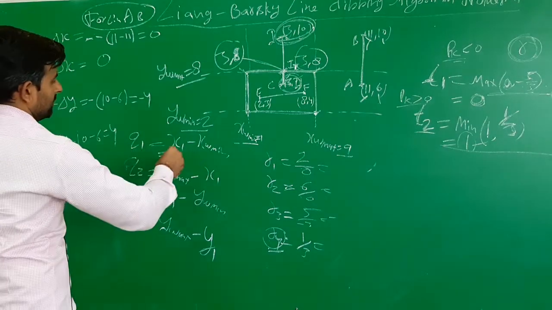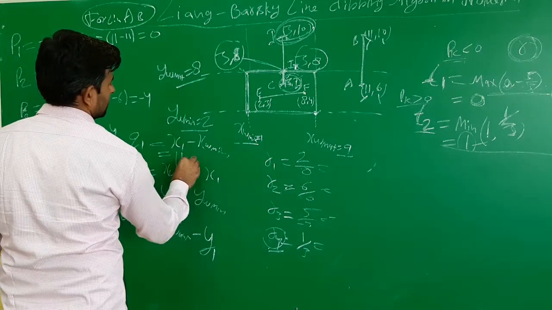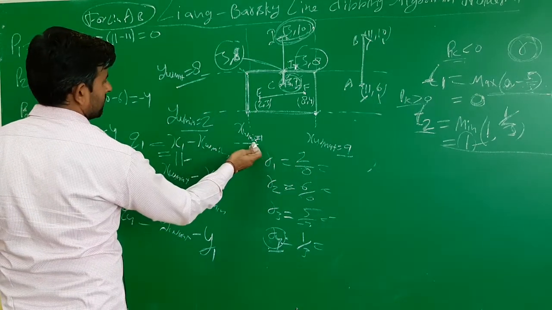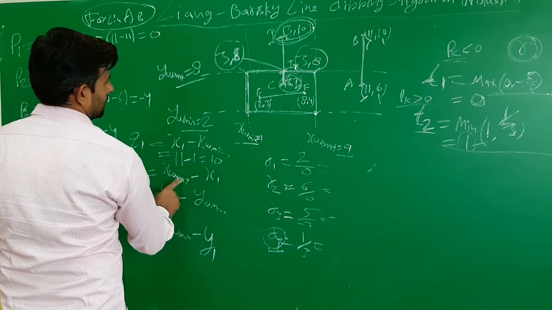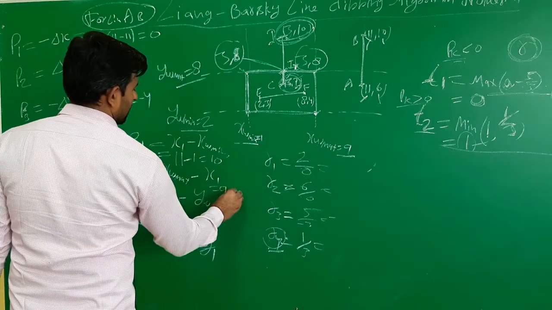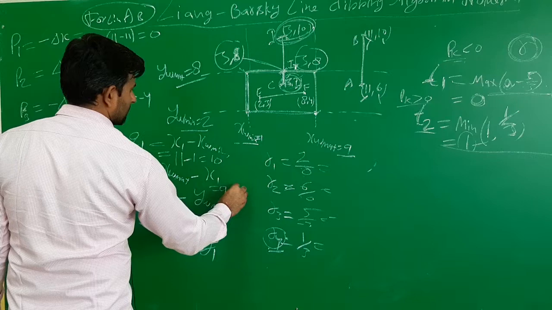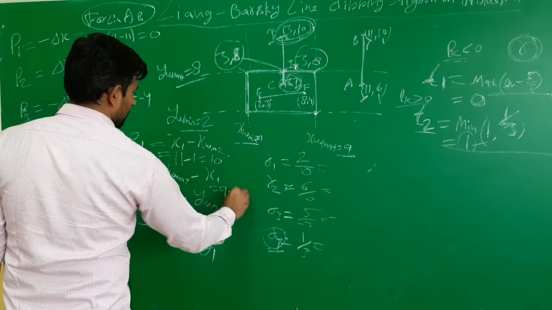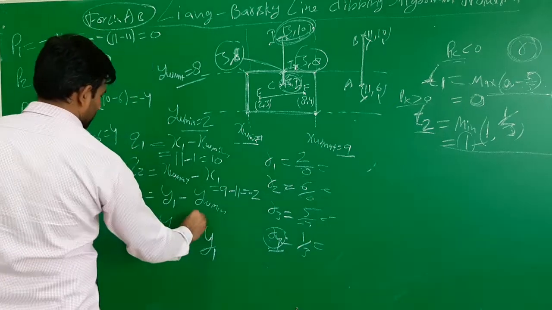X1 is 11. XW minimum is 1, then 1 minus 11 is equal to minus 10. XW maximum is 9, 9 minus X1, X1 is 11, so this is minus 2.